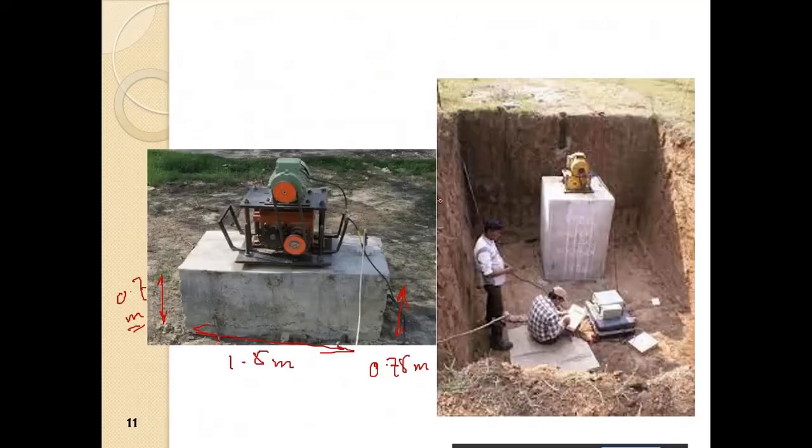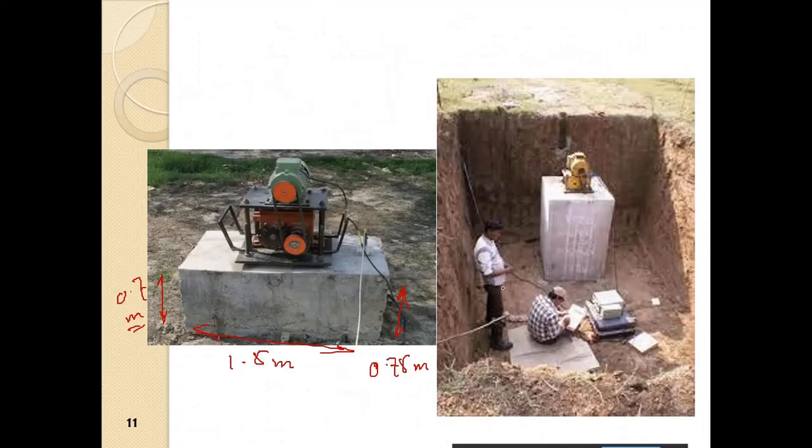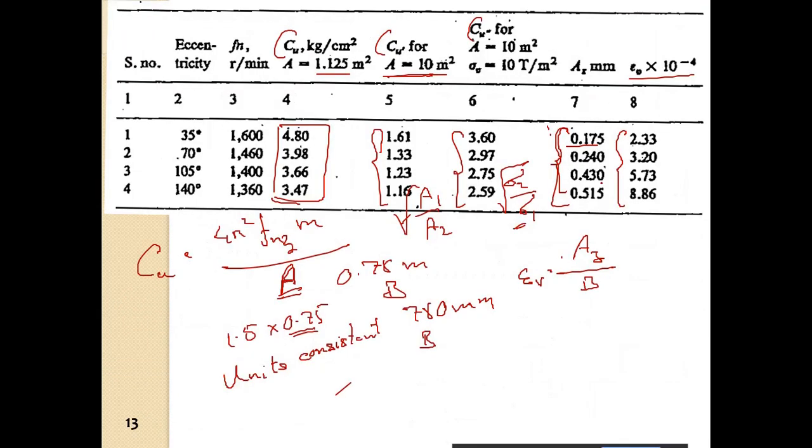Same as we have done in the case of the plate load. So they have obtained the Cu dash, which will be required for the design. This is the Cu dash corrected for the vertical stresses and the area, and this is the strain.